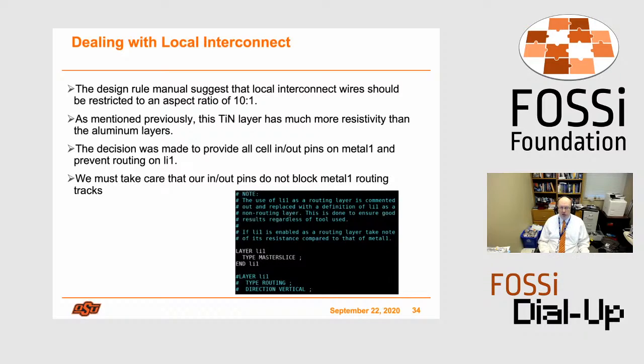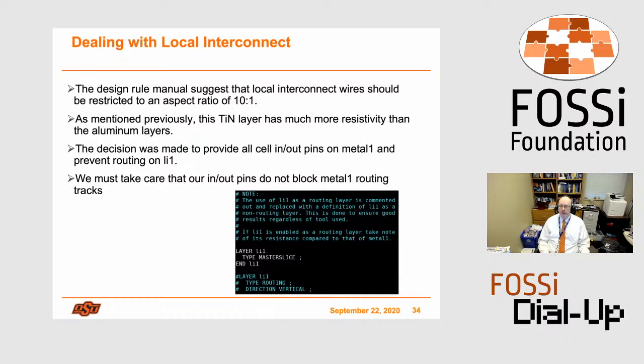So what we did initially is we tried to avoid using the local interconnect layers, except for local connections on the cells. As previously mentioned, the titanium nitride layer has much more resistivity than the aluminum layers.